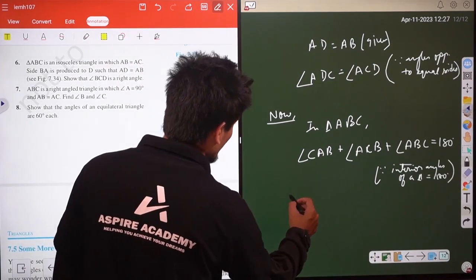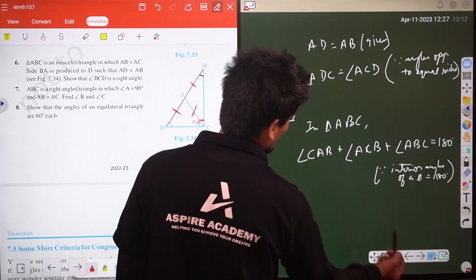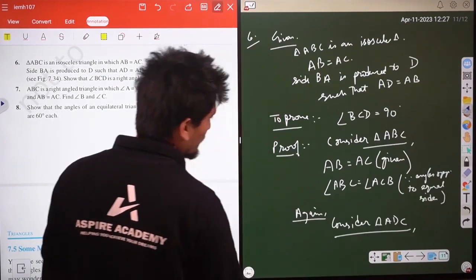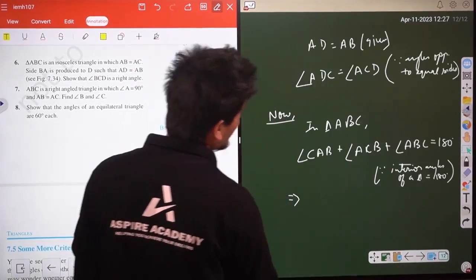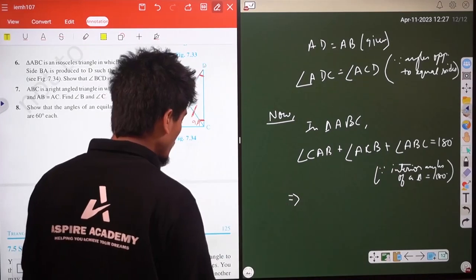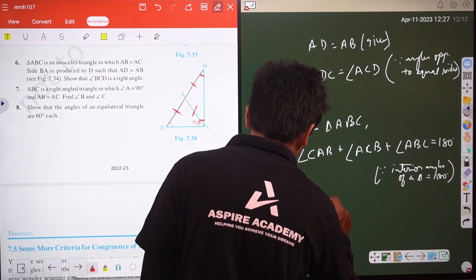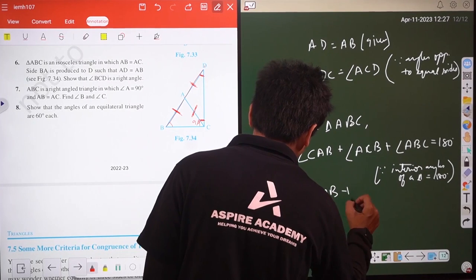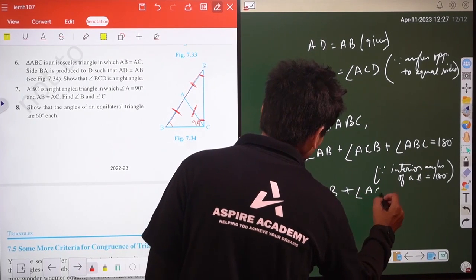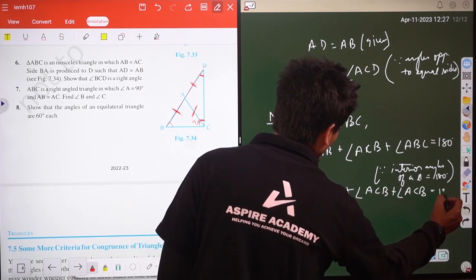So now we have already proved that angle ACB is equal to angle ABC, right? So also we can write that angle CAB plus angle ACB plus angle ACB is equal to 180 degrees.